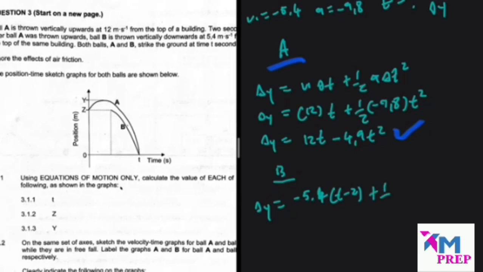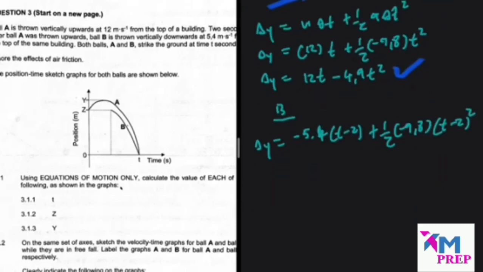And then plus a half acceleration minus 9.8, right? So here we are also going to have t minus 2 squared. This is because it was thrown 2 seconds after ball A was thrown. So delta y is going to be minus 5.4 t plus 10.8. Let me just verify, because in the exam you will substitute 2 multiplied by 2 in the calculator so you don't make any mistake.